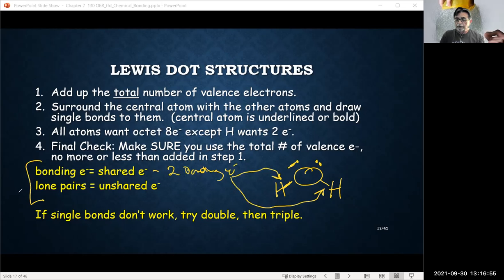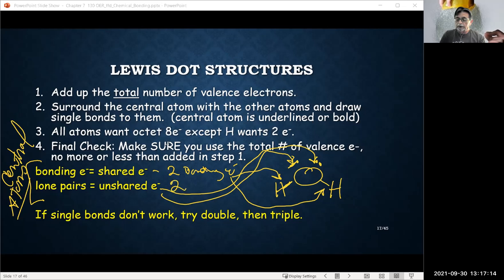Okay, and this is only for the central atom. Okay, and the lone pair has 2. So that is 1 and 2 pairs. So this water molecule on the oxygen has 2 bonding pairs, 2 lone pairs.